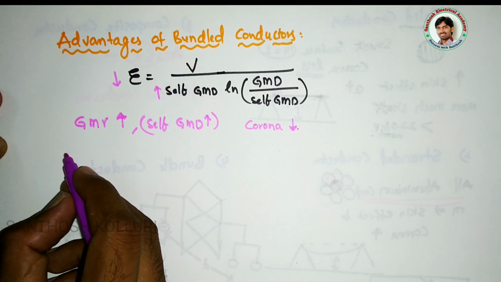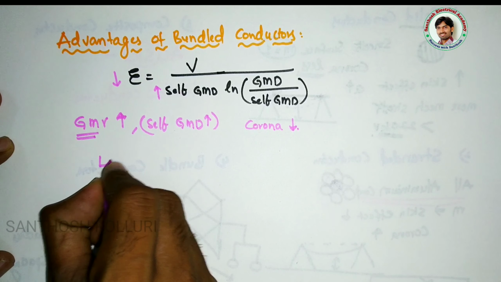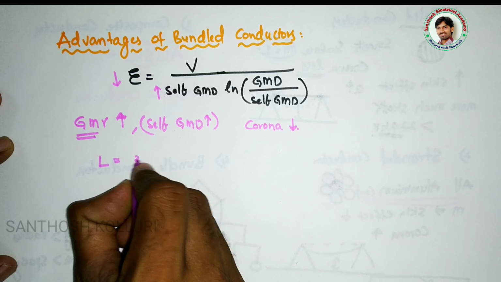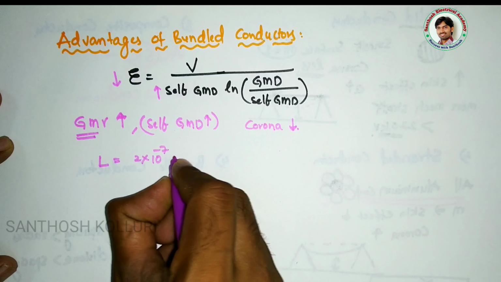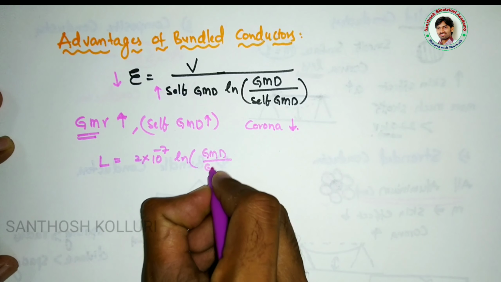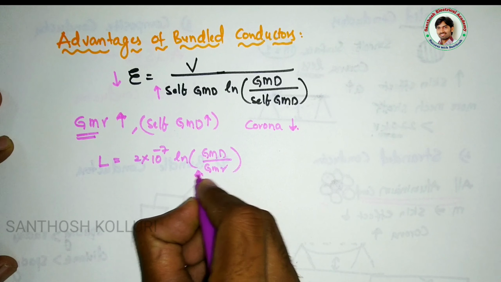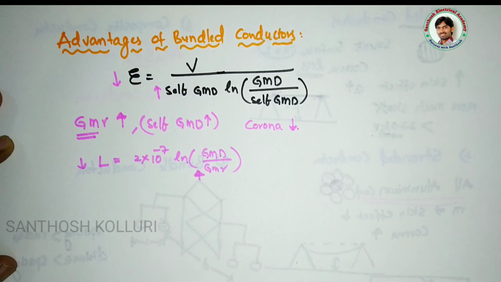Okay, so by using bundle conductors, GMR is increasing, therefore the inductance value, which is given as 2 into 10 to the power of minus 7 log GMD by GMR, will be reduced, because as GMR is increasing, inductance value is reducing.